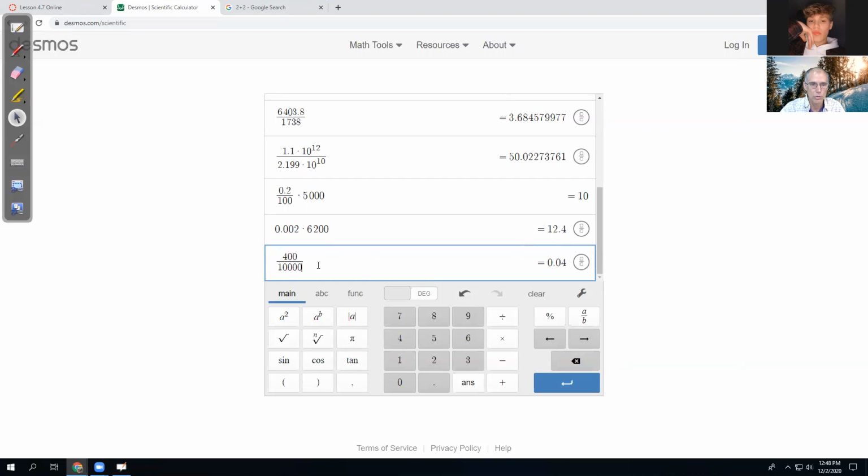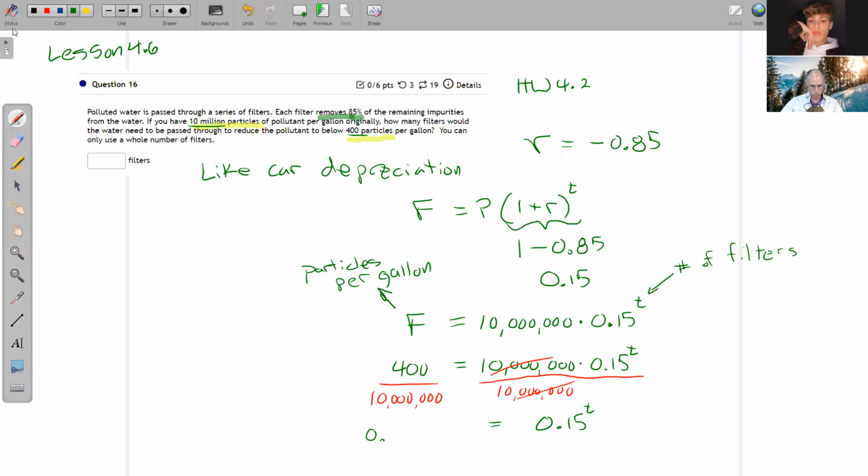10, 1, 2, 3, 1, 2, 3. So Desmos is giving this to me in scientific notation. Thank you for that, Desmos. We could either leave it like that, write it in scientific notation, or just do it the old-fashioned way, which I'm going to do. I can divide by 100 top and bottom, and then I have a bunch of zeros in the bottom. I have 1, 2, 3, 4, 5 zeros, and so that's the negative 5th power.